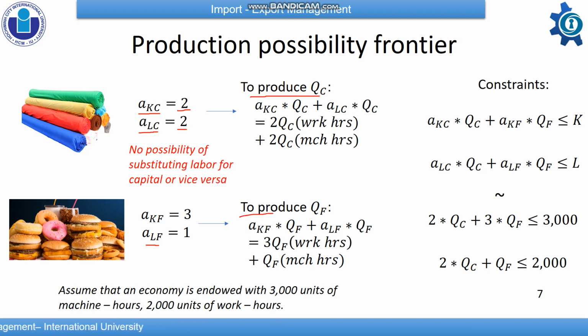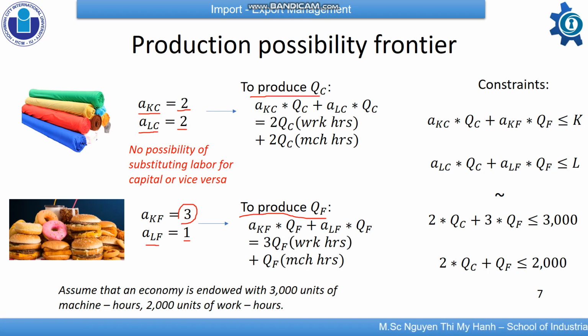So to produce QF food, the total resource we need is equal to AKF times QF plus ALF times QF, and is equal to 3 QF work hours plus 1 QF machine hours.